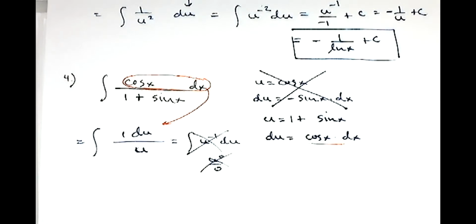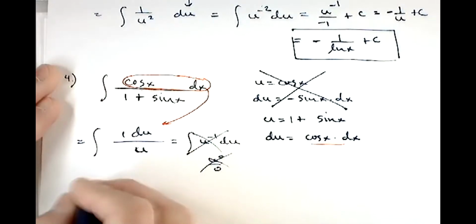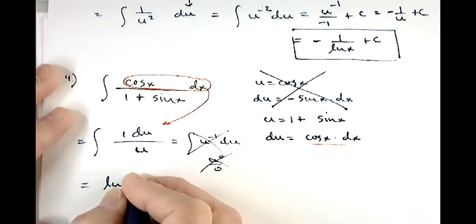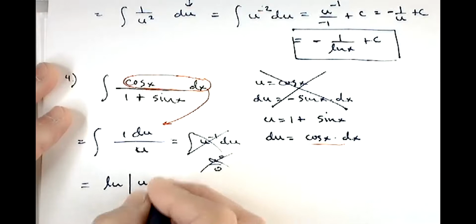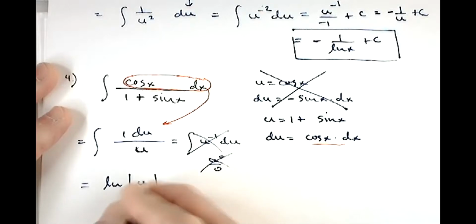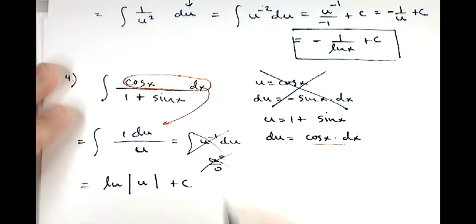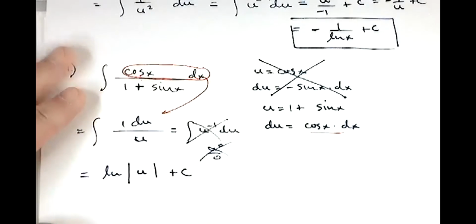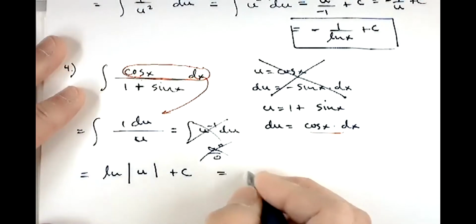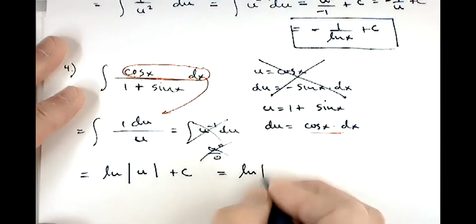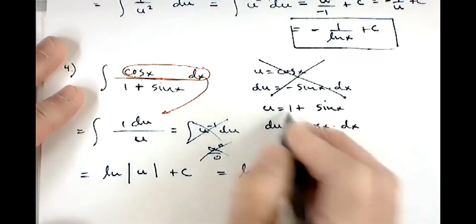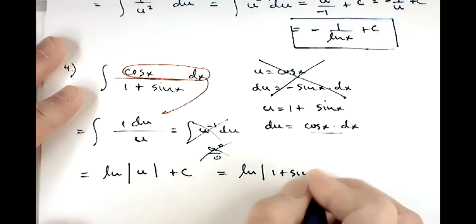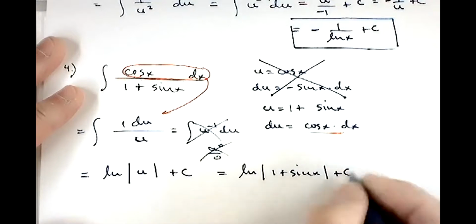One over u times the derivative of u is ln's derivative. So this is going to be ln. Recall earlier, we have to put an absolute value to make sure that we're not taking the log of a negative number. And then this becomes ln of, my u was 1 plus sine of x, plus c.